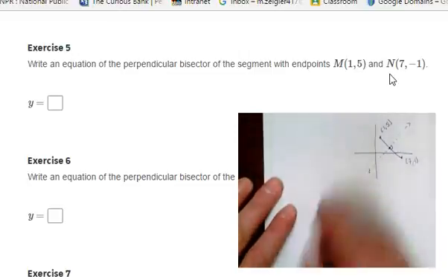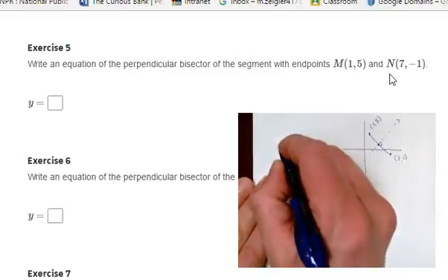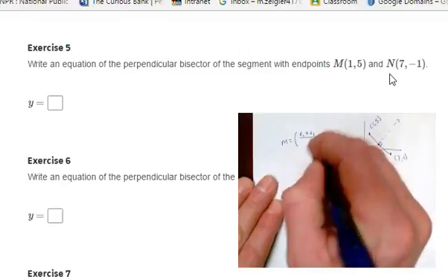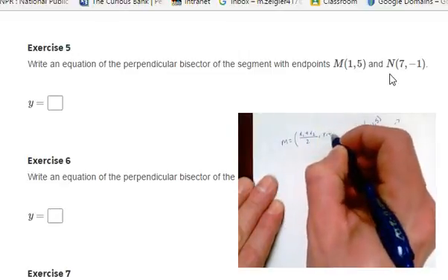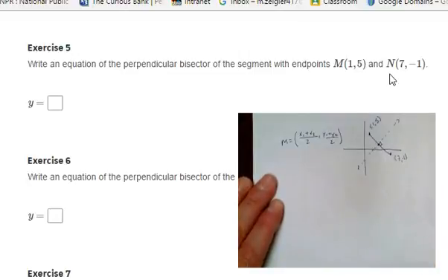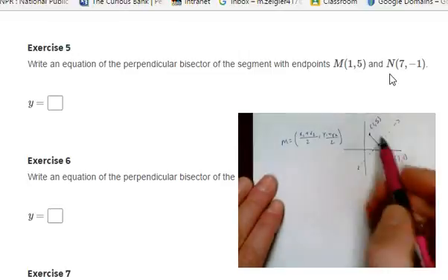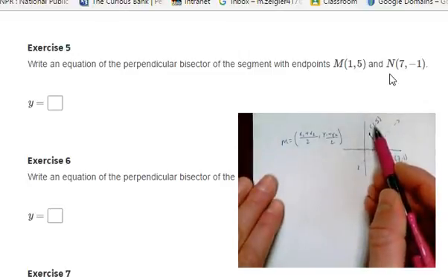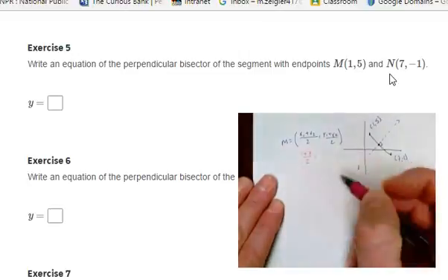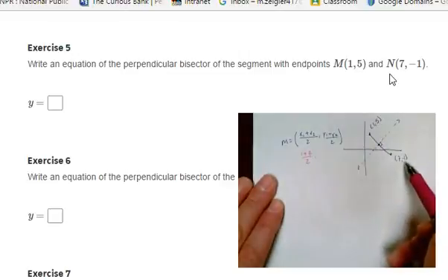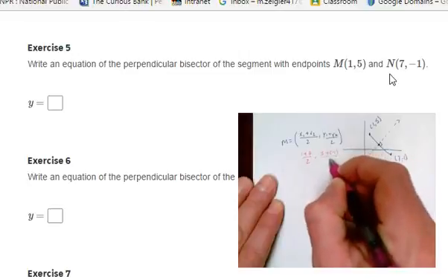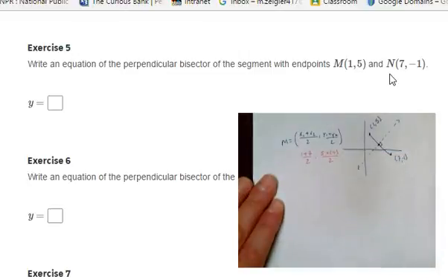Our midpoint formula is (x sub 1 plus x sub 2 over 2, y sub 1 plus y sub 2 over 2). So let's see here. x sub 1 and x sub 2 are 1 and 7, so 1 plus 7 over 2. And y is 5 and negative 1, so 5 plus negative 1 over 2.